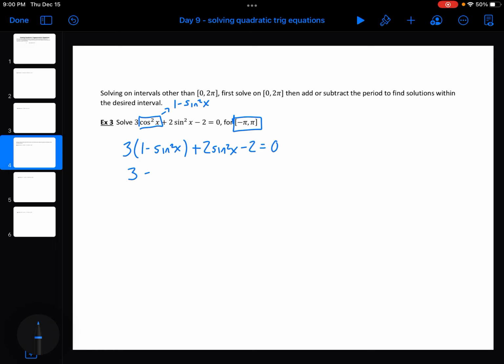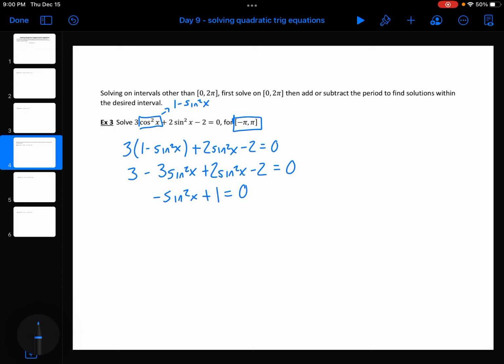Then I get 3 minus 3 sine squared x plus 2 sine squared x minus 2 equals 0. I'm going to collect like terms. I'm going to get negative sine squared x plus 1 equals 0.